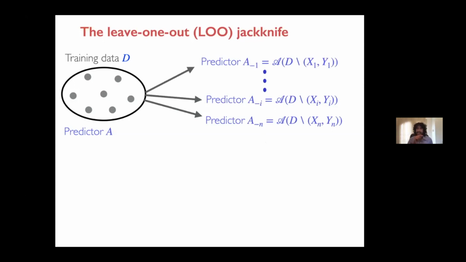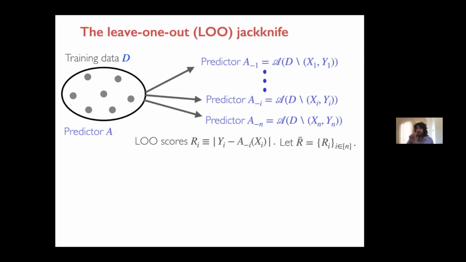I'm going to call that A minus 1, and similarly A minus i and A minus n. So you train the algorithm n times to produce n different predictors, and you calculate leave one out residuals. So this is yi minus A minus i of xi. So what is A minus i doing on xi, yi, which is out of sample for it?